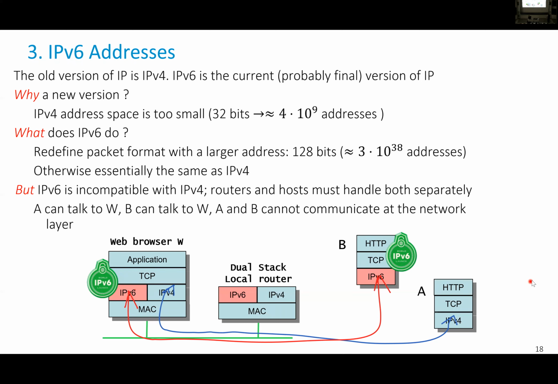Now about IPv6 here. IPv6 is the current version, which was motivated, as I mentioned, by the address space of IPv4 being too small. When IPv4 was invented, the computers were huge, monstrous machines, and the inventors of IPv4 did not imagine that we would have smartphones, for example, that require a lot of IP addresses here.